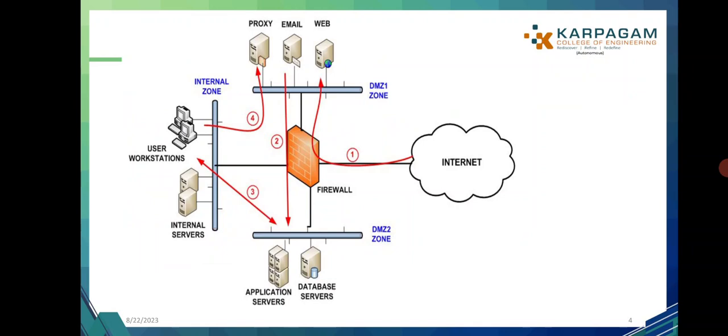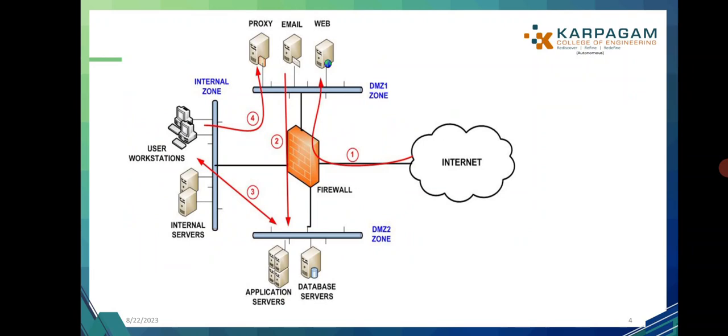That is step number 1. It will reach a DMZ, that is a demilitarized zone, which will monitor the data continuously. So all the data arriving inside will cross through the firewall, right? You all know what a firewall is, right? A firewall is a device which filters incoming and outgoing traffic, right?